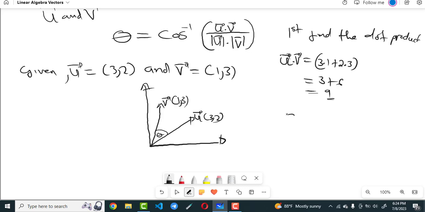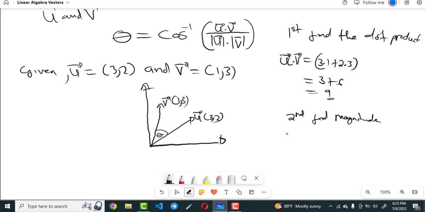Secondly, we need to find the magnitude, which is also the length.